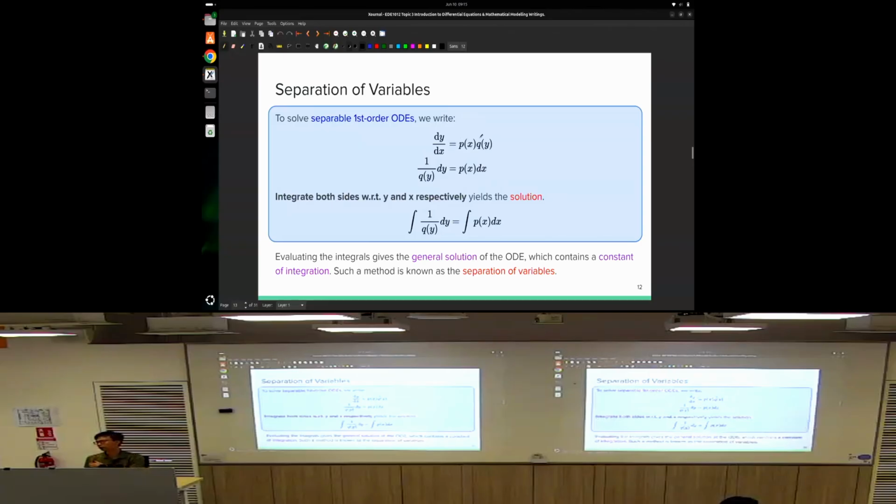Now on the right-hand side, if you can separate a function of the unknown function y, multiplied by another function of the input variable x, then we call it separable. Separable is really easy to solve in the sense that you just separate the variables, each on one side, and then integrate both sides to get the answer.